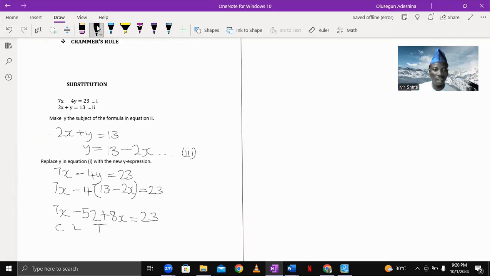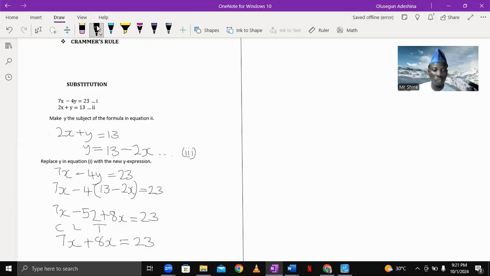Collect like terms. The like terms here are 7x and 8x, so we have 7x plus 8x on the left-hand side, while on the right-hand side we are going to have the ordinary numbers. The first number on the right-hand side is 23. It is not moving anywhere, so the sign does not need to change.